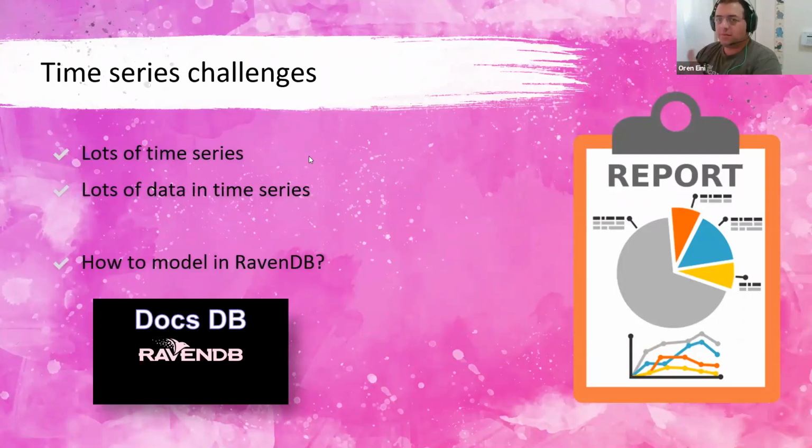Lots of data in a time series is when you have something that reports a lot of data. For example, I may have some sensor that gives me information every 10 milliseconds, and I need to record that data. Or you have data that you have to keep track of for a very long amount of time. Again, heart rate data is a good example, specifically because I have this data and I'm going to show it to you.